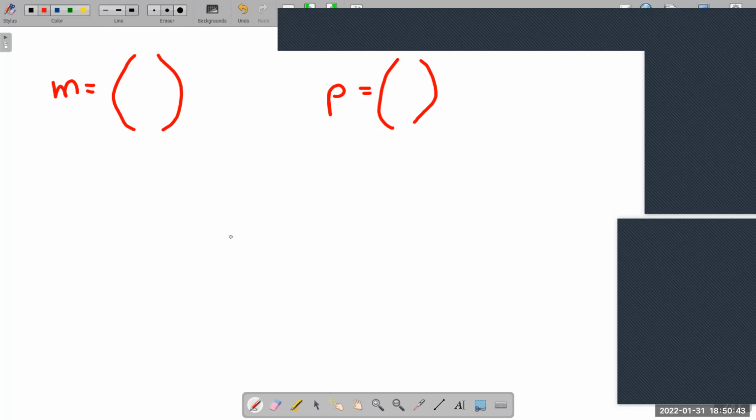So let's start off with our M. I'm going to give my M a 2 and 3, and my P, I'm going to put 5 here. I'm going to put a 7.5 here. So everybody tell me what is K. Everybody tell me what K is. Because remember, that's the most important part. We must state what K is. So let's go.